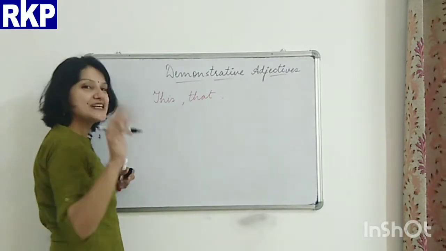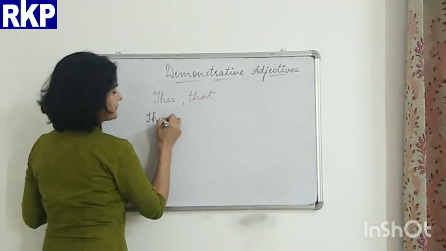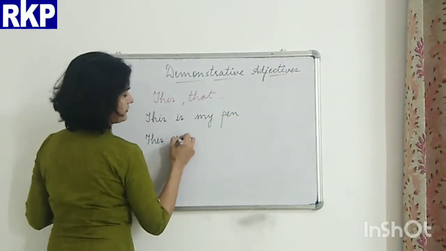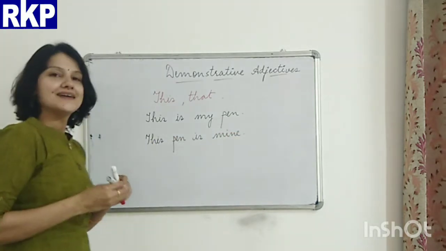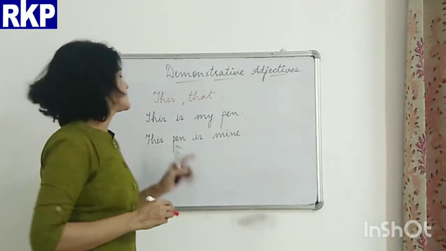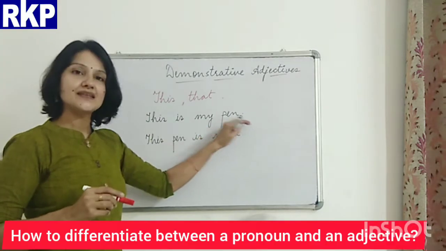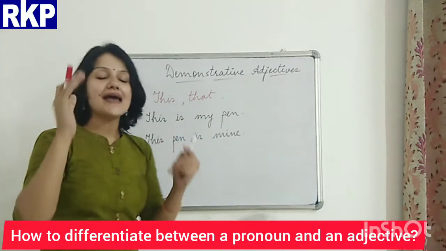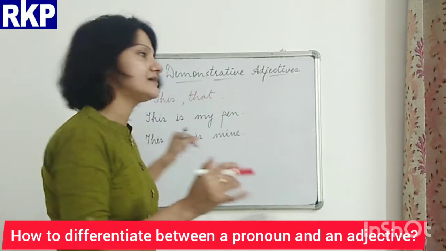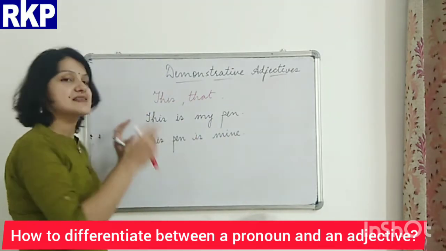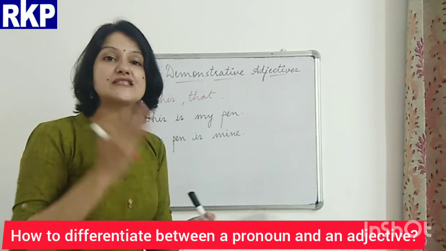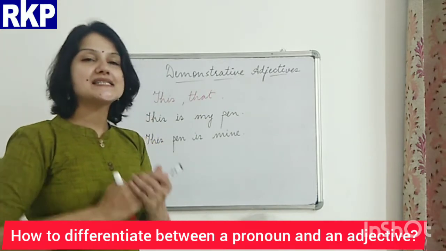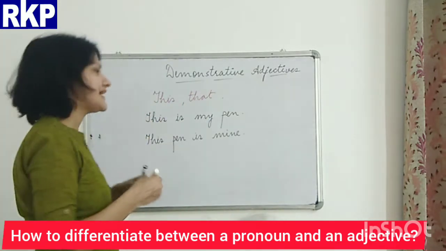Now I am writing two sentences here. Now see, this is my pen, this pen is mine. I have purposely taken two sentences starting with this only so that it's clear in your mind.